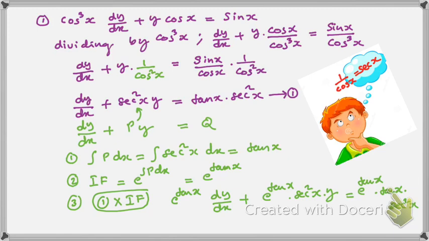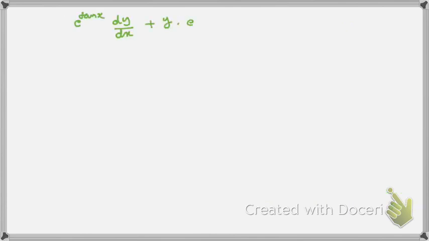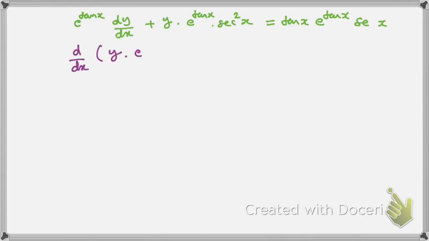And as we discussed before, if you look at the left hand side of this equation, you would notice that this is actually the derivative of y into e raised to tan x, y into the integrating factor. How do I check it? This is the product rule if I have to differentiate it.